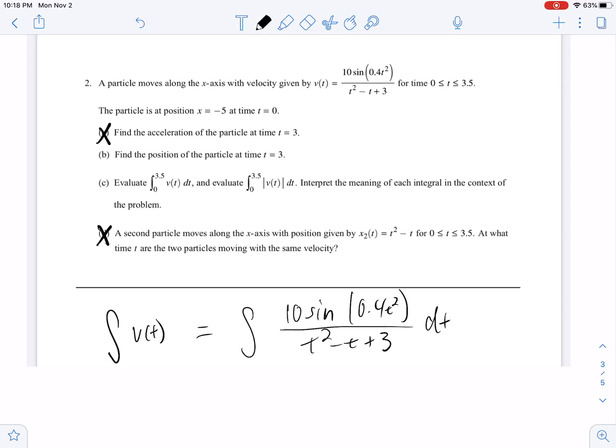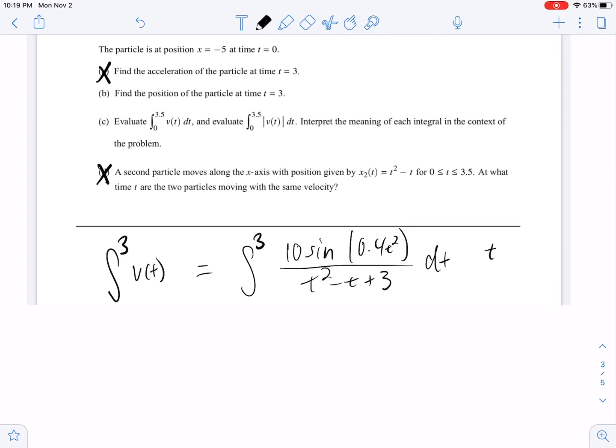One of the fundamental theorems of calculus tells us exactly what we have to do. Our topmost bound is going to be 3. And our bottommost bound is actually where we start. So it's actually at time 0, right? And that kind of makes sense. We're thinking about position 0 when time equals 0, right? My particle hasn't moved yet.